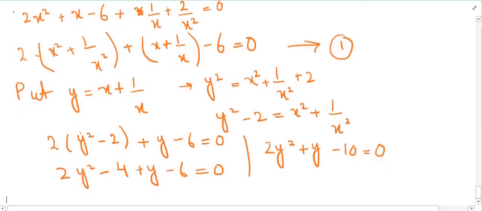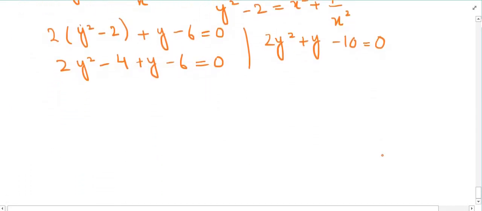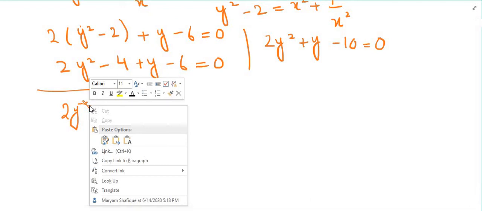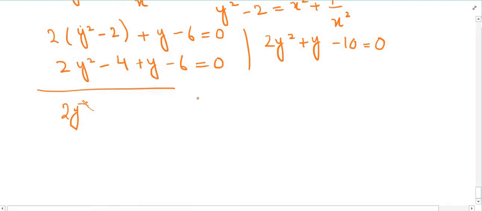Make the factors for this: AC is the product of the leading coefficient and the constant. So the factors for this are 2y square plus 5y minus 4y minus 10 equals 0.